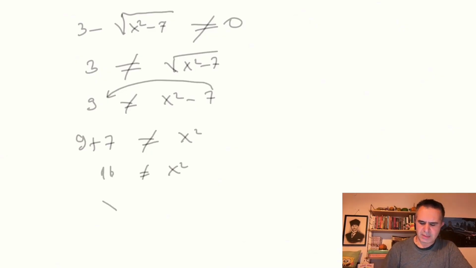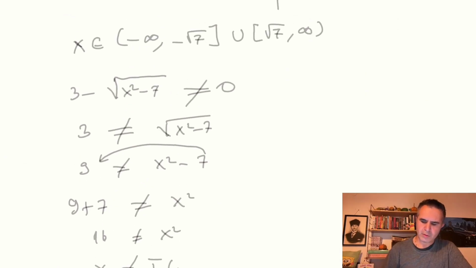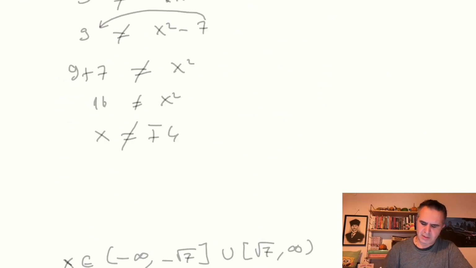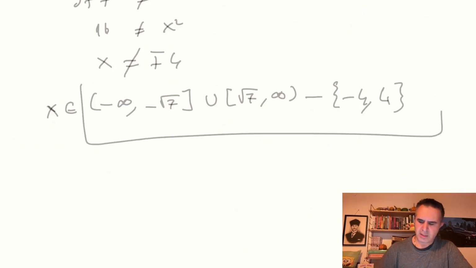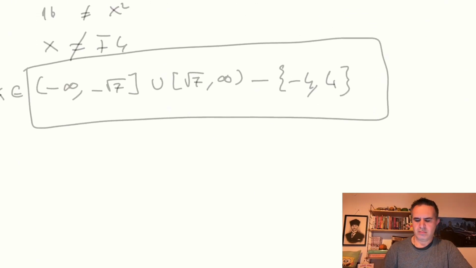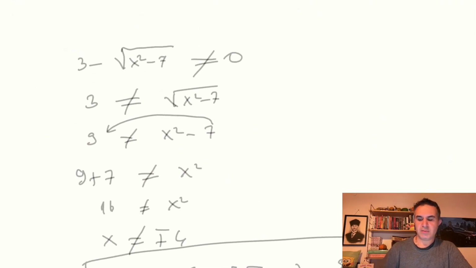This means x cannot be plus and minus 4. So our domain cannot have plus and minus 4. So then we exclude minus 4 and plus 4. This is our domain. And okay, this was the second video. We will see you later.